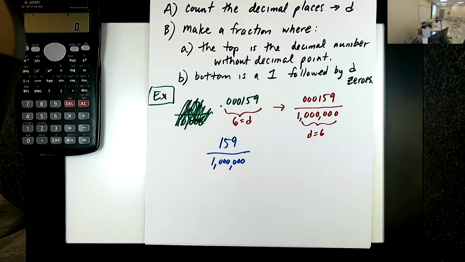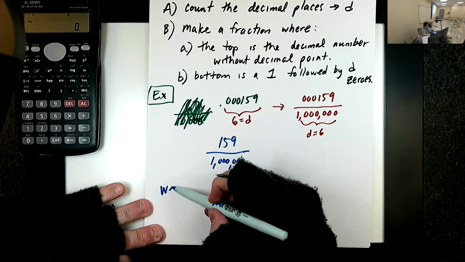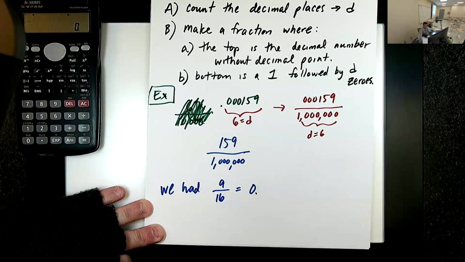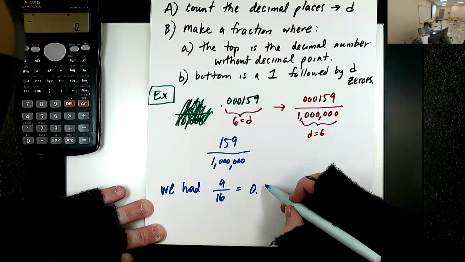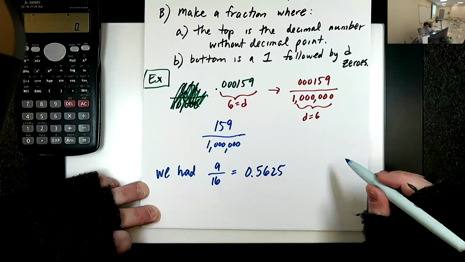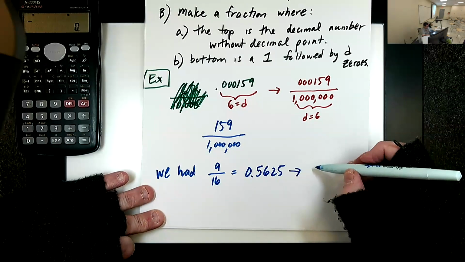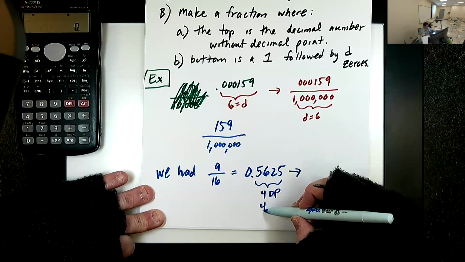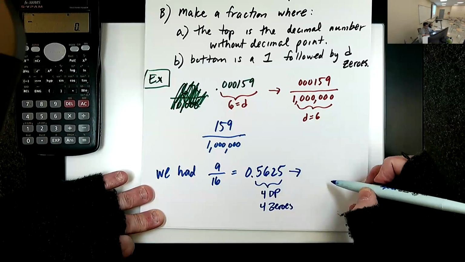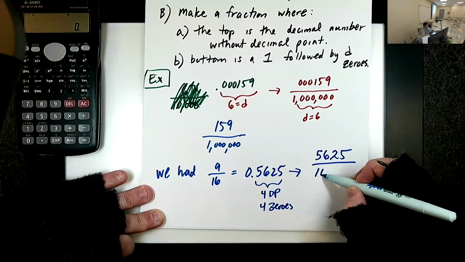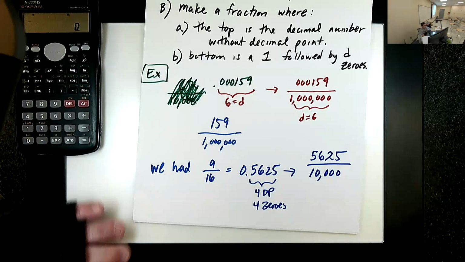If we look back though, we had nine over 16 was 0.5625. If I follow those rules right here, I've got 4 decimal places. So I want 4 zeros. And I will have 5,625 over 10,000.